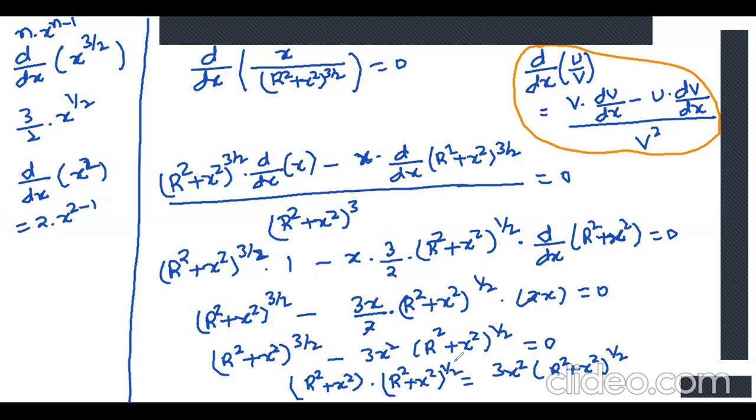So (r square plus x square) whole power half will get cancelled on both sides. So r square plus x square equal to 3x square.